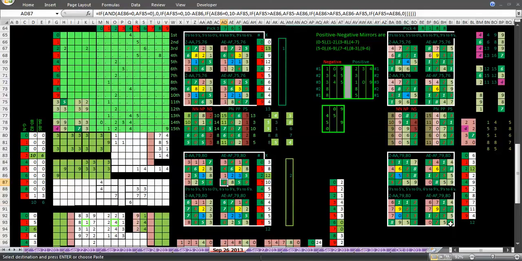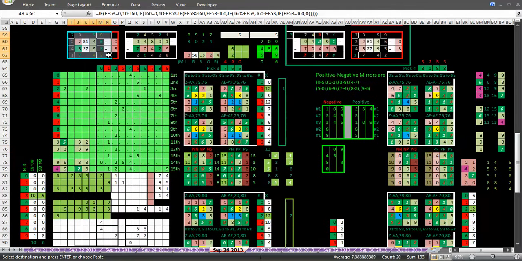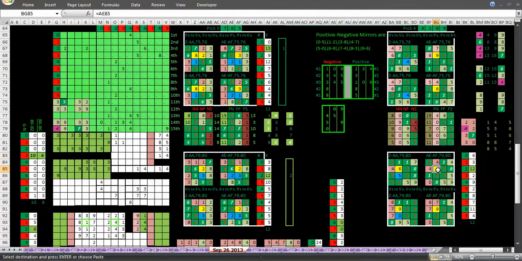You look at your pattern here. This 6-2 over 2-3 comes from this, which is a byproduct of your positive added and positive subtracted that comes from this cell, or these cells. You got your 6-2, 6-2, 2-3, and 2-3.